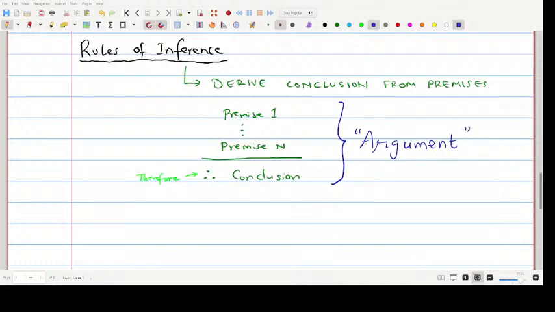So what is an argument? Argument is premises and the conclusion. Premises and conclusion together is called an argument. Now, this argument can be of two types. It can be a valid argument or it can be an invalid argument.